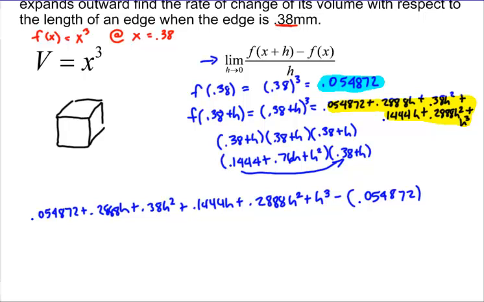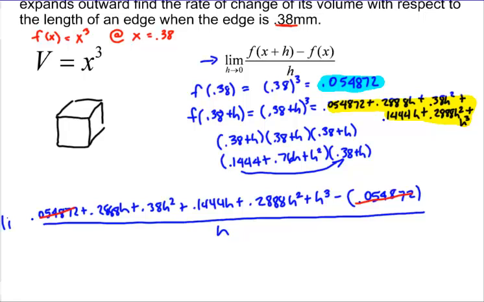Alright, now that I got this part done, check it out. These guys go away right off the bat. By the way, these are all over h, and this is the limit as h approaches 0. So those go away. I could combine some like terms in here if I wanted to, but honestly, I don't want to mess with all the decimals.